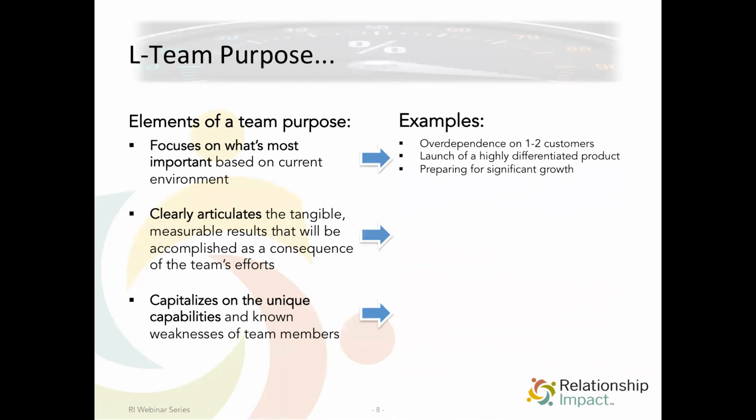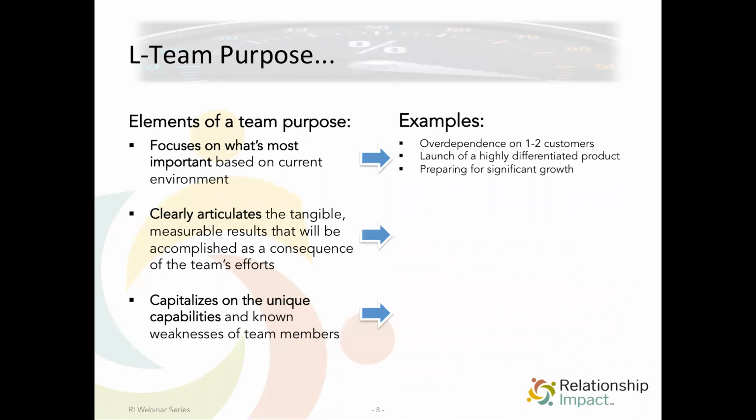In our work at Relationship Impact, working with small to mid-sized companies primarily, and some big companies, in our work with these small to mid-sized companies, they're always preparing to scale. How do we get to the next level?